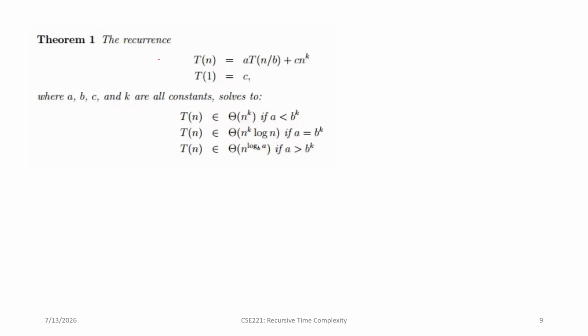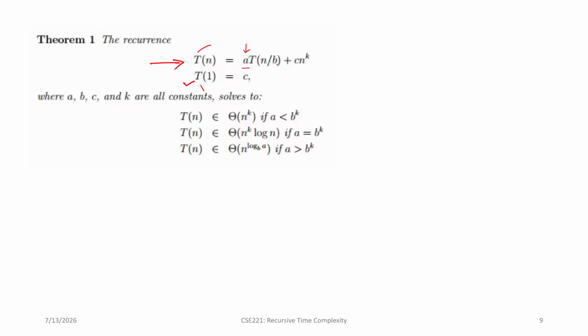Master theorem says we first need to write down the time complexity in a recurrence relation or a generative formula, as we have already studied. And it should also write what's the time complexity in the base case. We have already seen that. And then see that there are a few variables here.